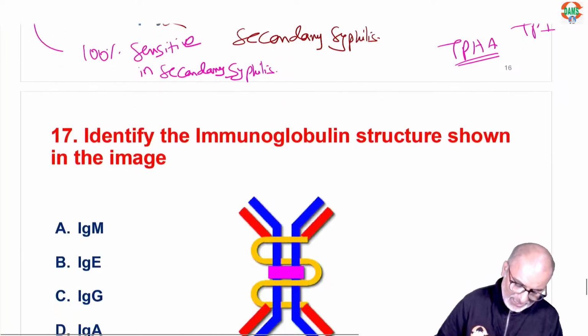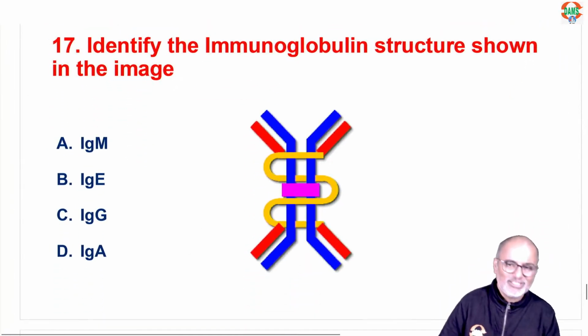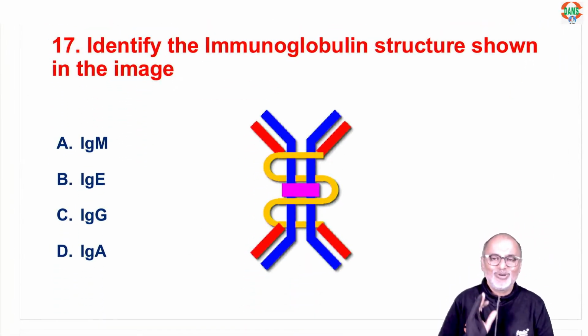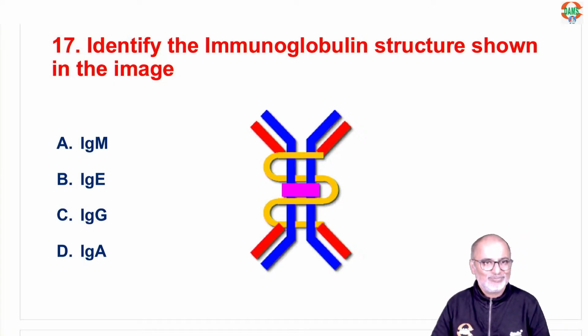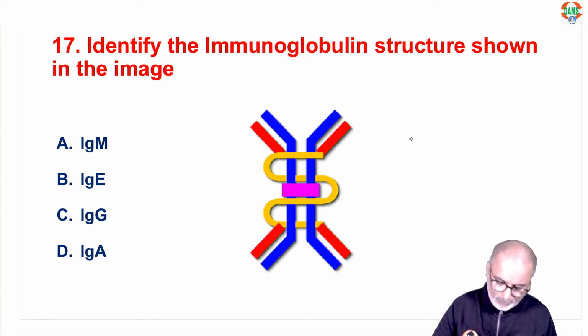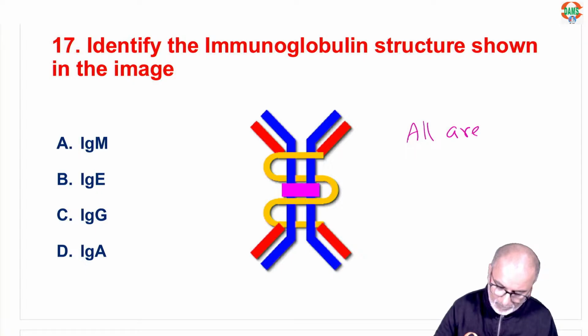Next is identify the immunoglobulin structure shown in the image. It's a basic question, so I taught it in back to basics. It is dimer. So all the immunoglobulins are monomer, except two.